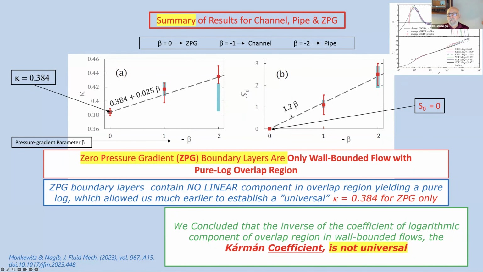But anyhow, what you see very clearly, we were very lucky, and you've seen this figure before, is kappa being constant for zero pressure gradient, but that's the only case. And beyond that, you need the unit. And all three of them are non-universal. I won't talk too much about pressure gradient boundary layer today, but we have analyzed all of them.